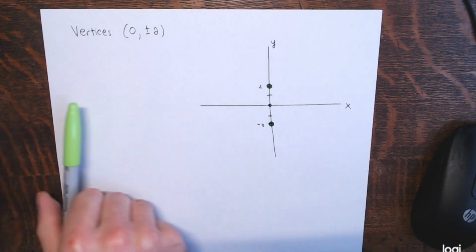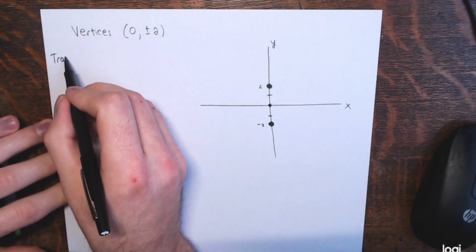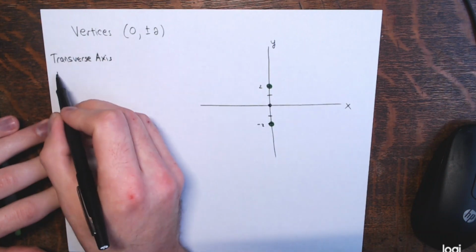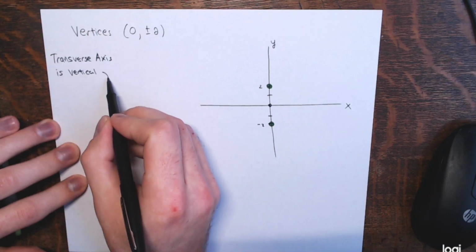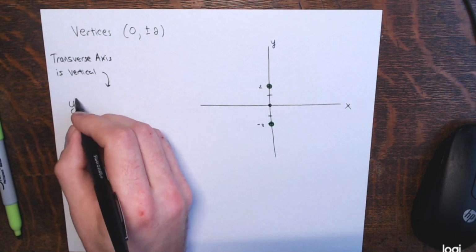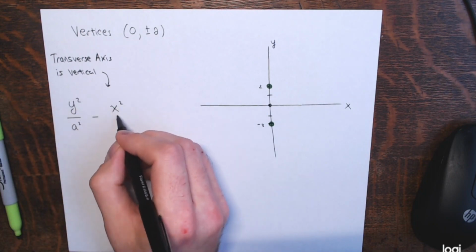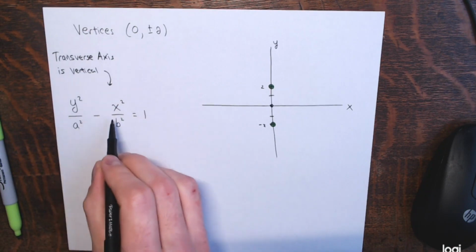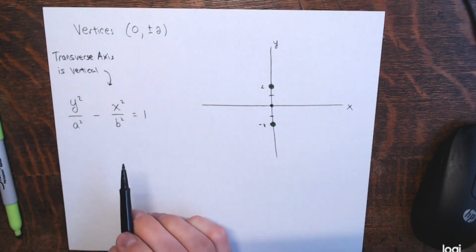So this tells me that the transverse axis is the y-axis, is vertical. And if that's the case, the equation is going to look like this. It's going to be y squared over a squared minus x squared over b squared equals 1. It's got to be the y squared minus x squared version if the vertices are above and below the center.